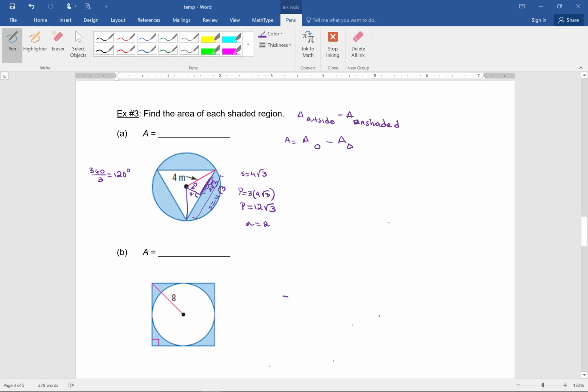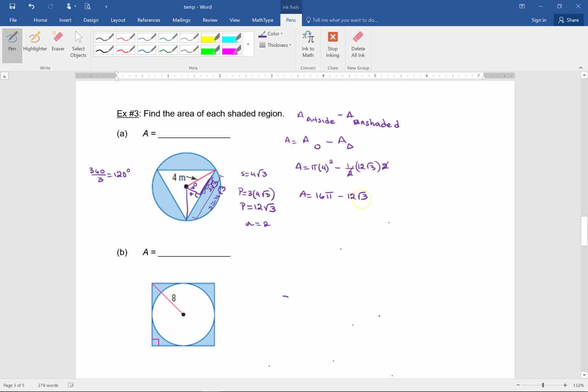So now let's fill all the stuff in. The area that I want is the area of the circle, which is pi times 4 squared, minus the area of the triangle, which is half times 12 root 3 times 2. So the area is 16 pi minus 12 root 3.